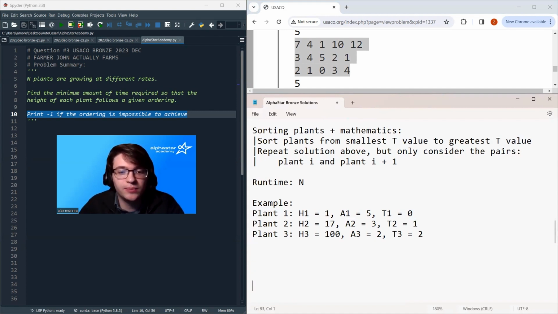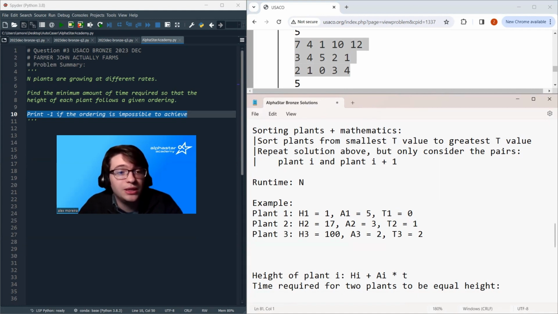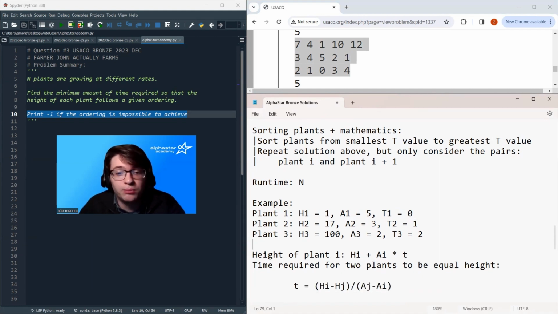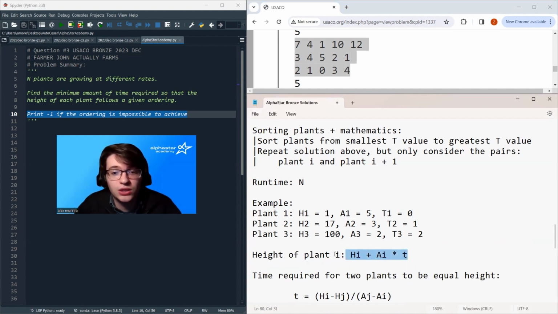So let's look at how we could go about calculating the minimum amount of time required for 2 plants to be of equal height. So importantly, we need to first understand the height of a plant. So that's this formula. It's pretty straightforward.